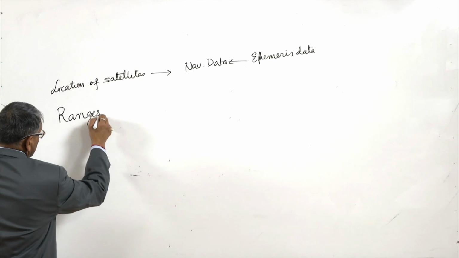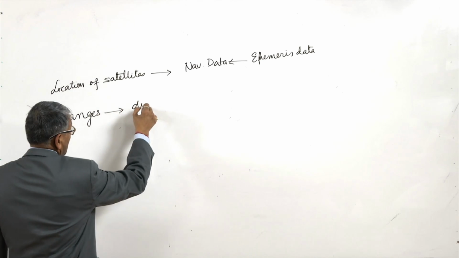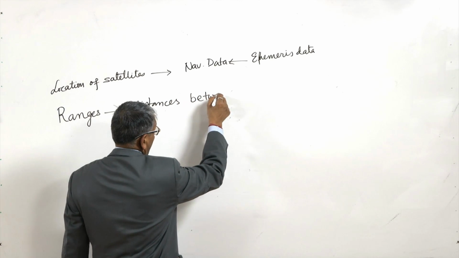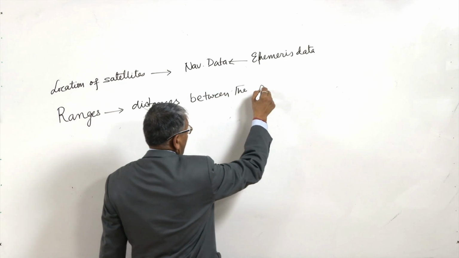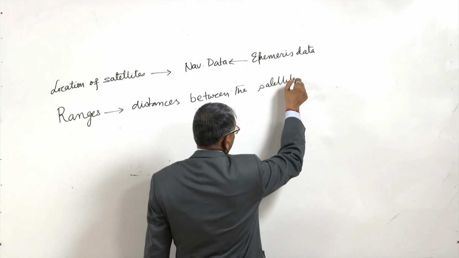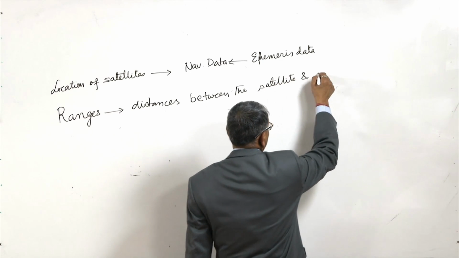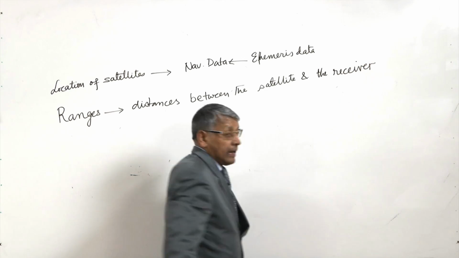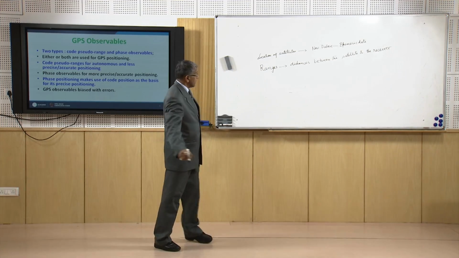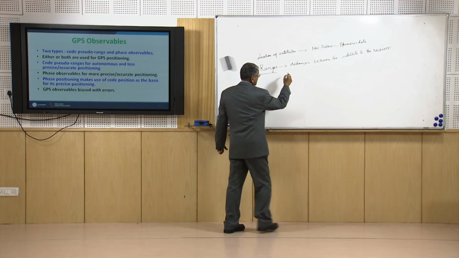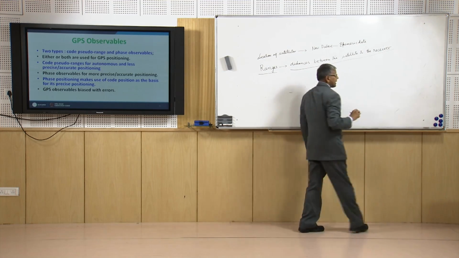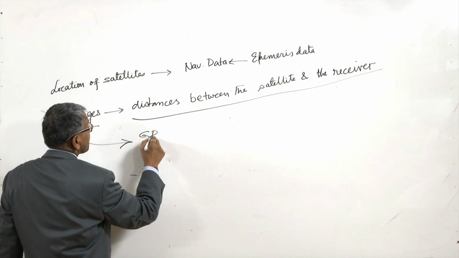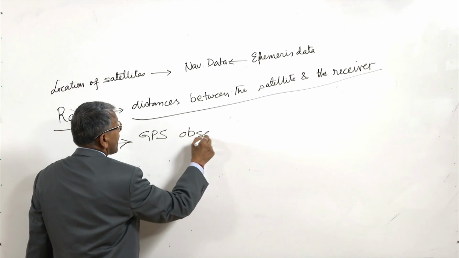That means the distances between the satellite and the receiver. Now these ranges are also available in GPS observations.